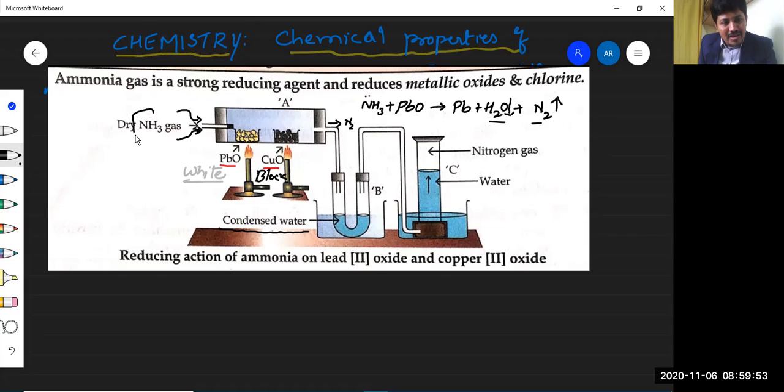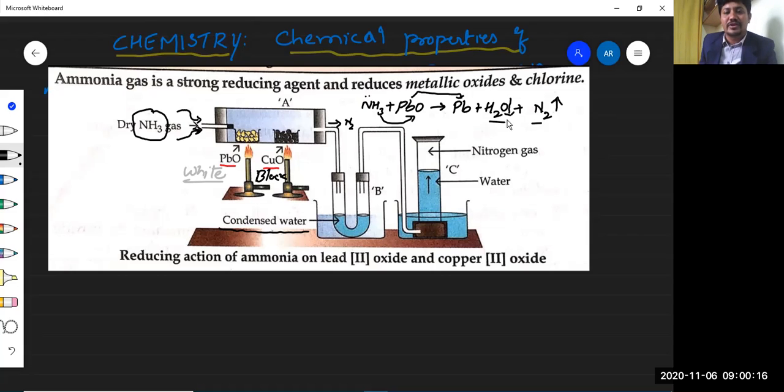Okay, so let us talk about the mechanism of the reaction. Here ammonia being a reducing agent reduces the oxidizing agent, lead oxide, into lead. Lead oxide undergoes reduction to lead metal, but ammonia acts as the reducing agent, because lead oxide is the oxidizing agent.